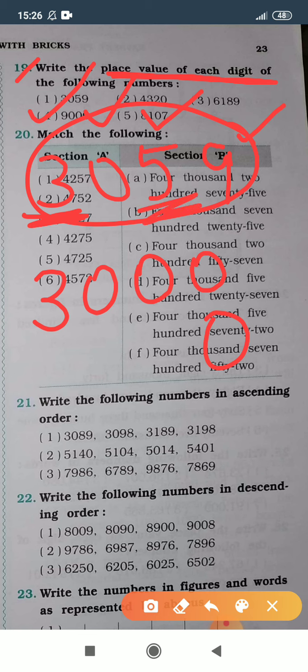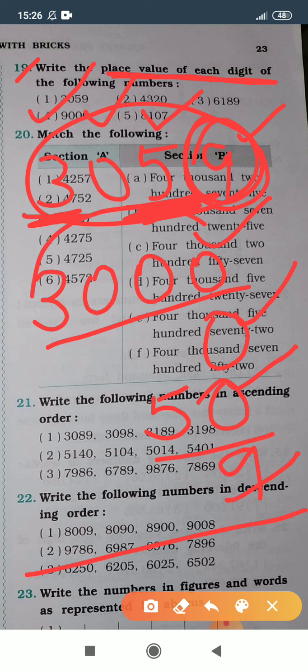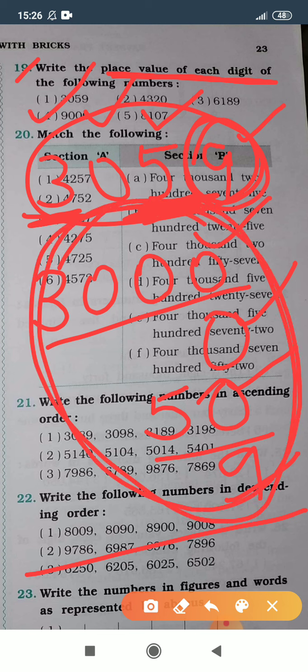After that the 5 is on tens place. Tens place means the digit, and after that you need to give one 0. That means the value of 5 in this number is 50. And after that ones, so the place value of ones is as it is. So 3000, 0, 50 and 9 is the place value in number form.